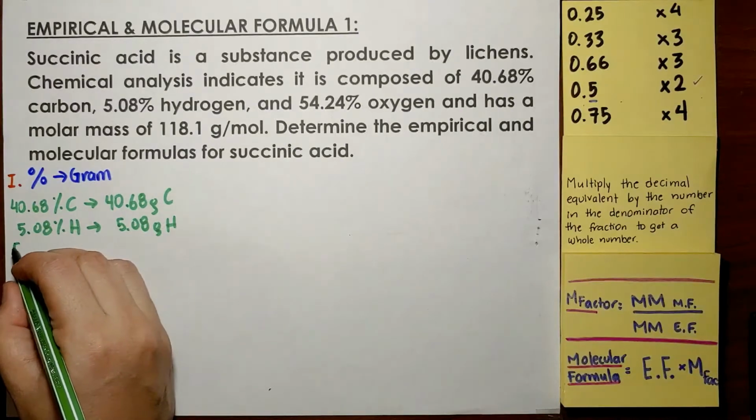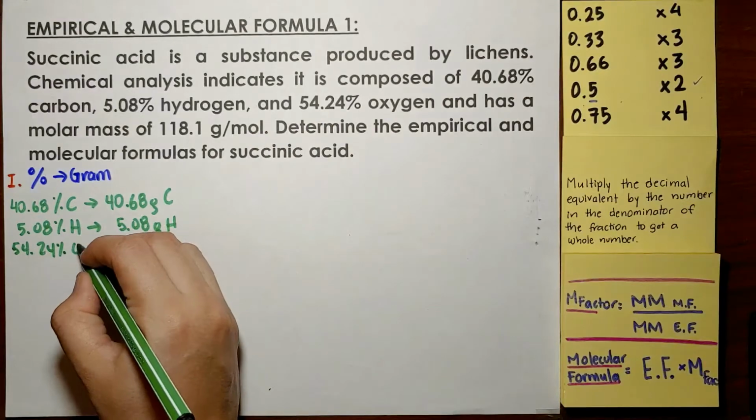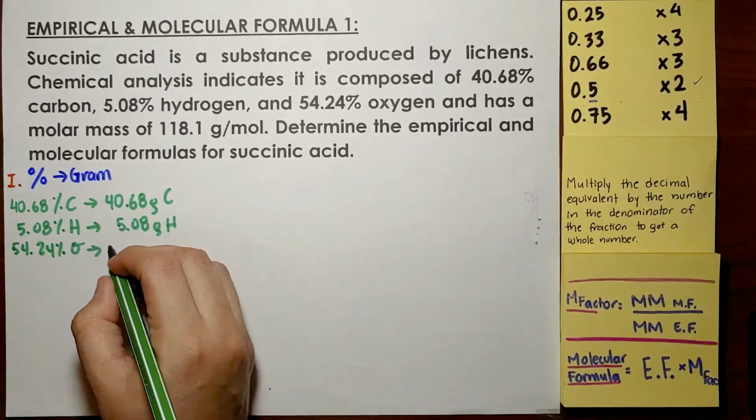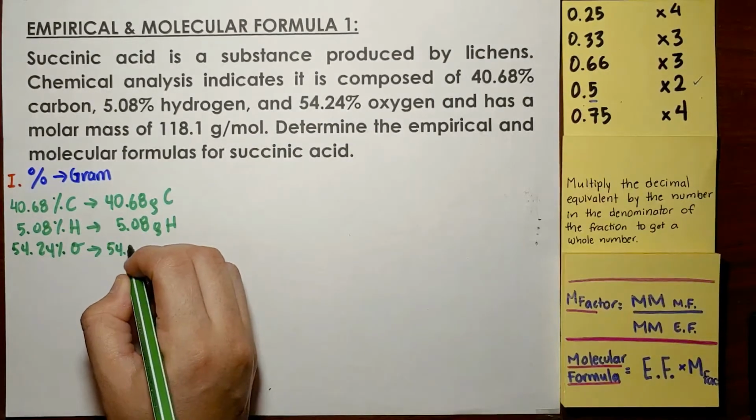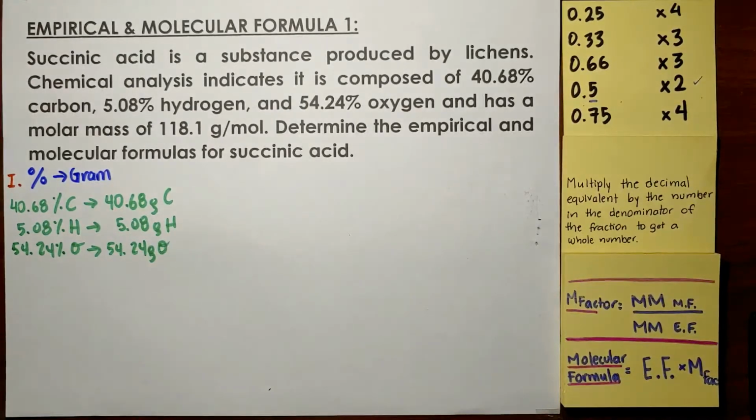Then we have 54.24% oxygen. This will become 54.24 grams of oxygen. Now, what I'm going to do is the second step.